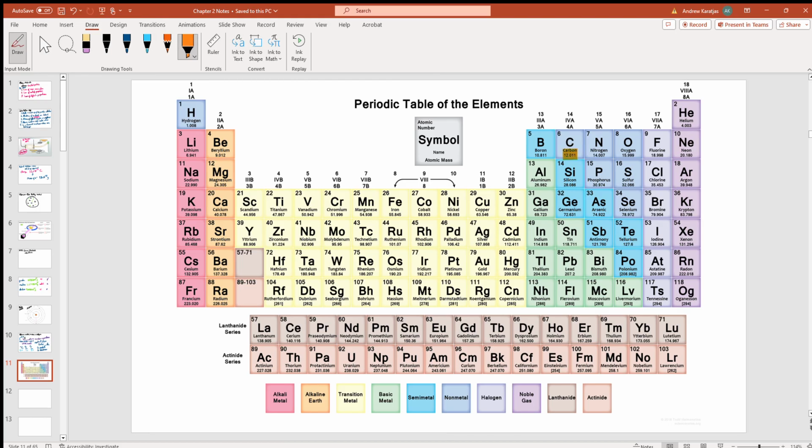And you can see that for most of the elements, it's not a whole number. So why is it that that atomic mass is not a whole number? Well, that's because our atomic mass here is taking into account all of the naturally occurring isotopes.